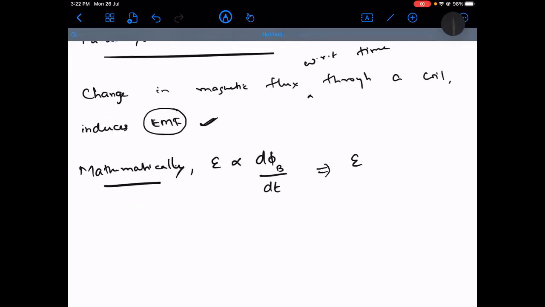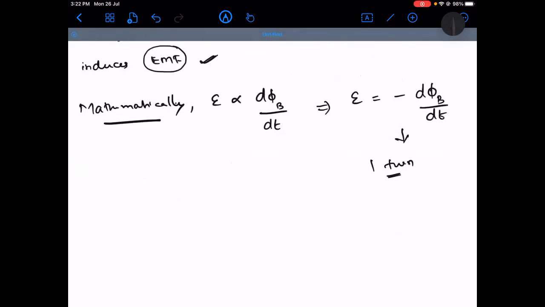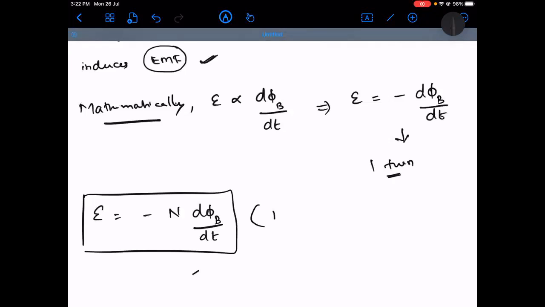From this, we will write E is equal to minus d phi B by dt if it is of 1 turn. Whereas if the coil is of n turns, then E will be equal to minus n into d phi B by dt.